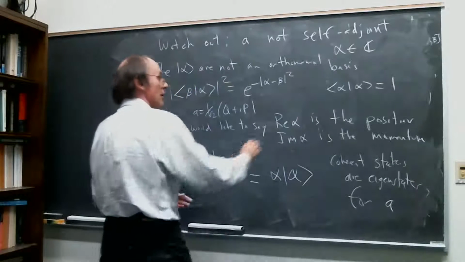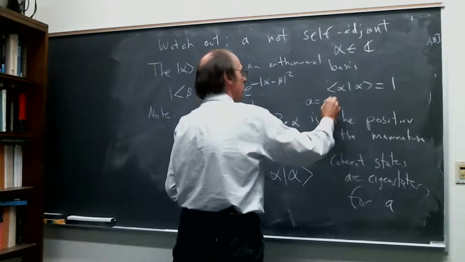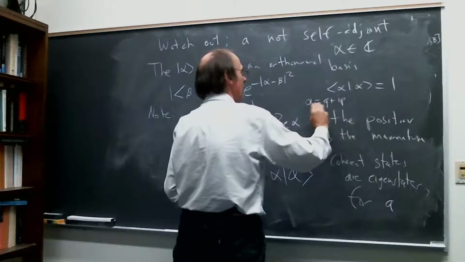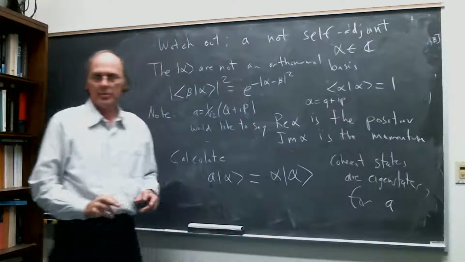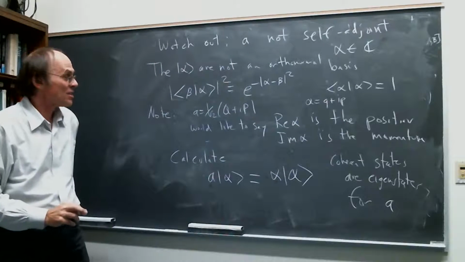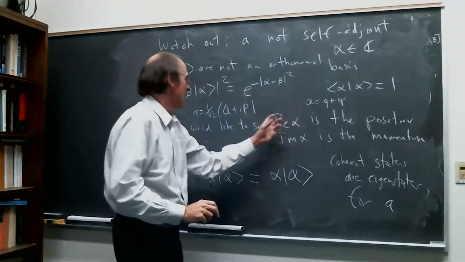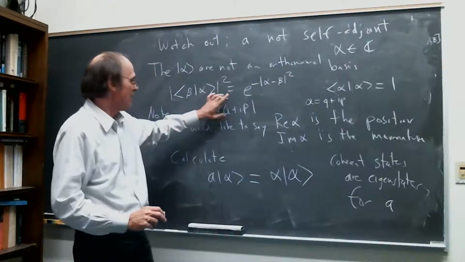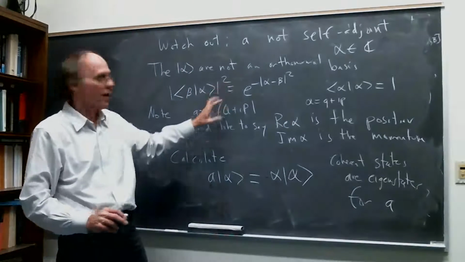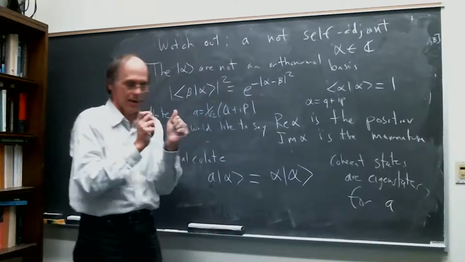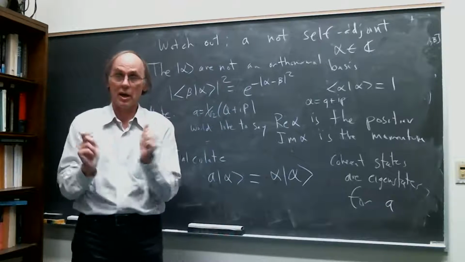In other words, alpha is Q plus IP. But this doesn't really work, because this is not a self-adjoint operator, and Q and P are not commuting operators.